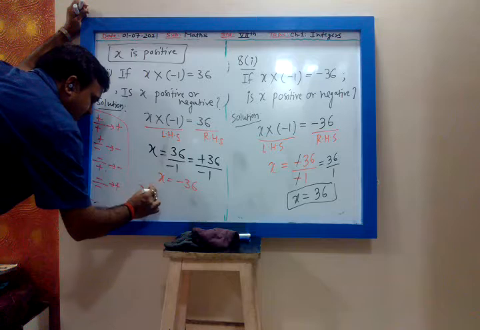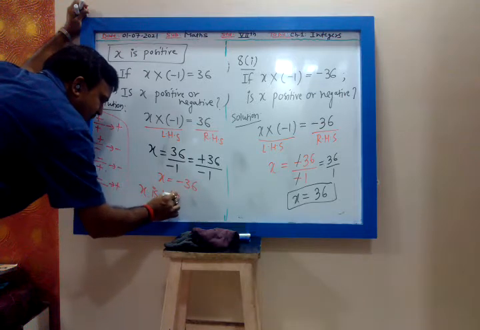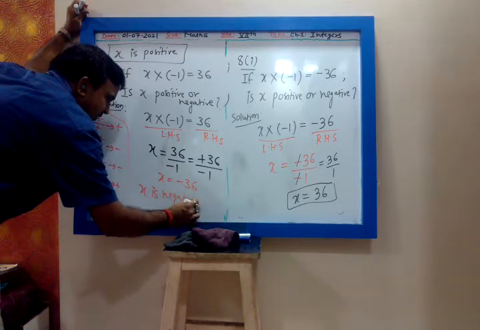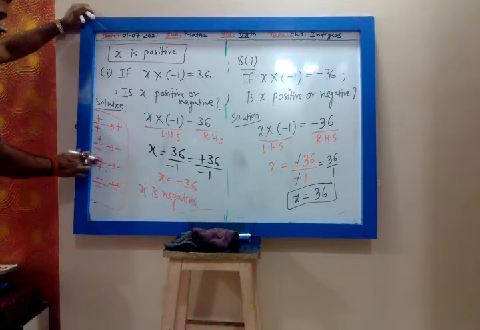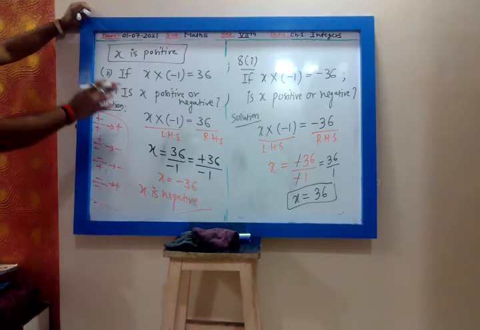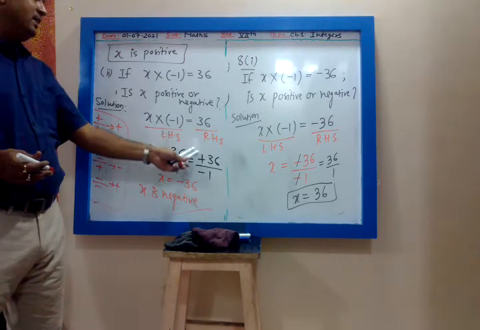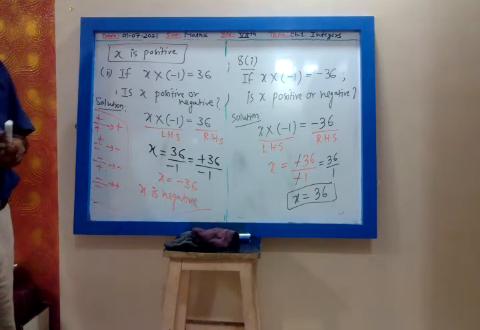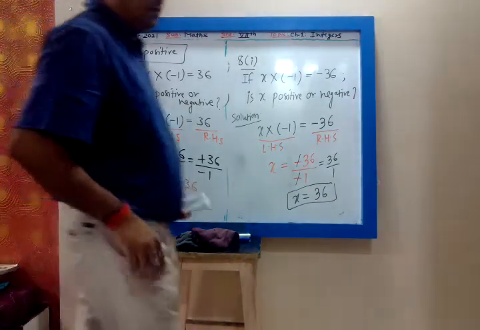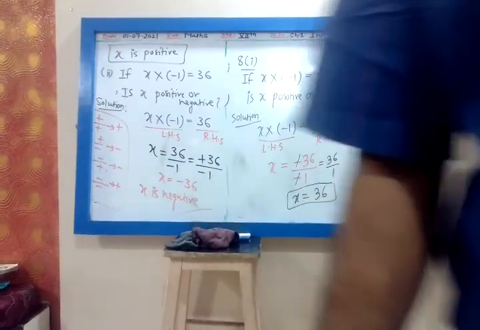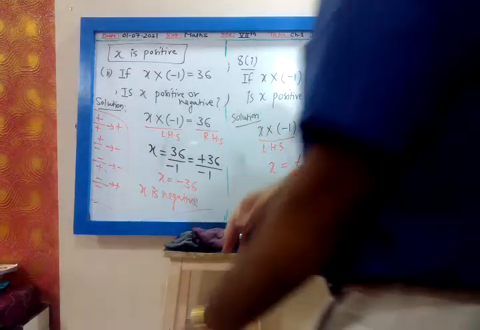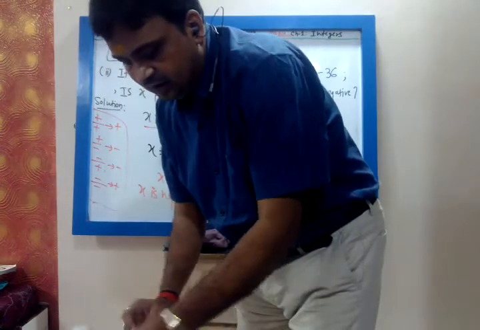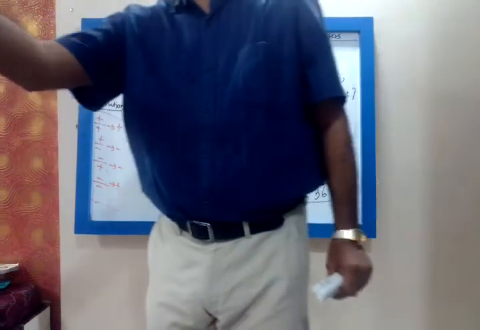So remember that division table. So the answer is minus 36. So the answer is x is negative. Clear?